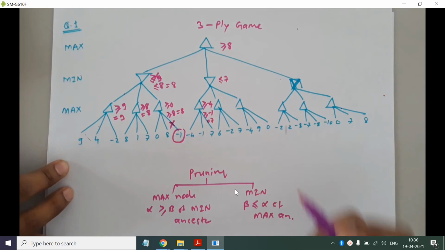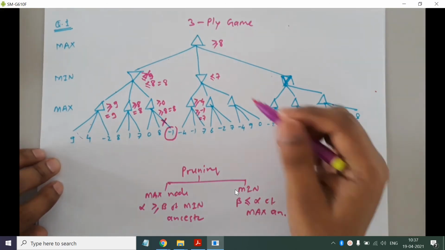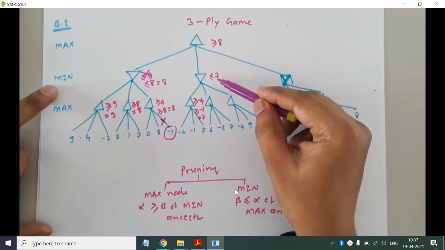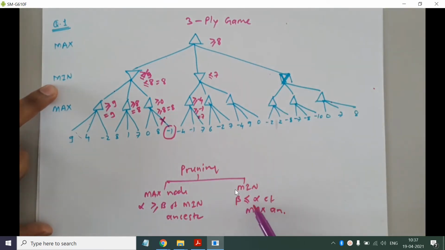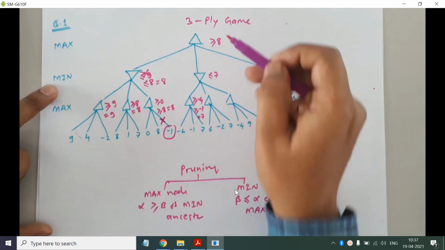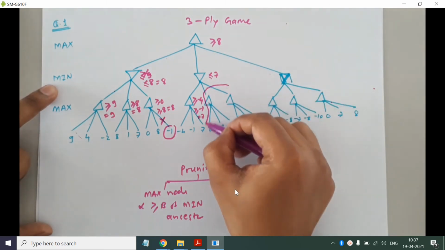Now let us check whether pruning is possible here or not. We are at the min level. Beta less than or equal to alpha, 7 less than or equal to 8, right? So we can entirely prune this subtree.